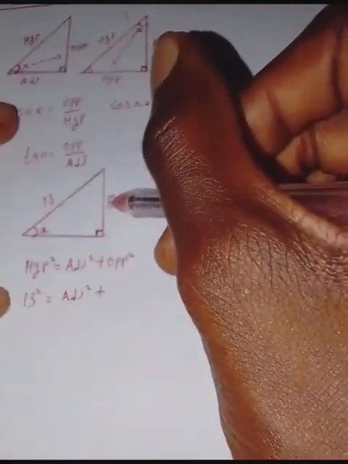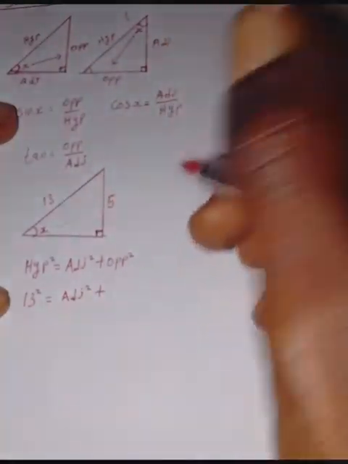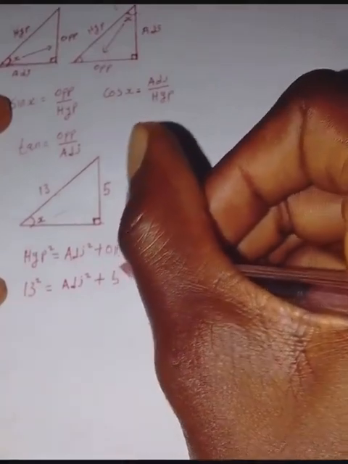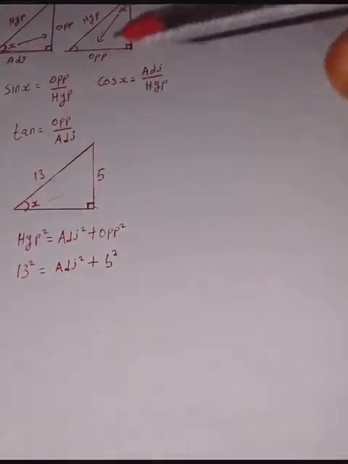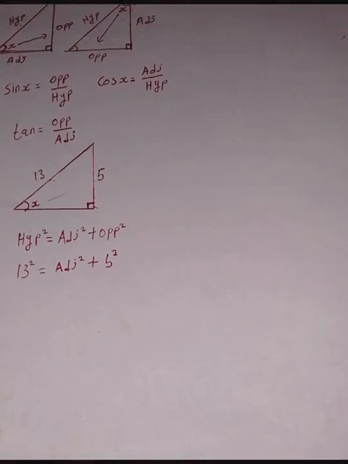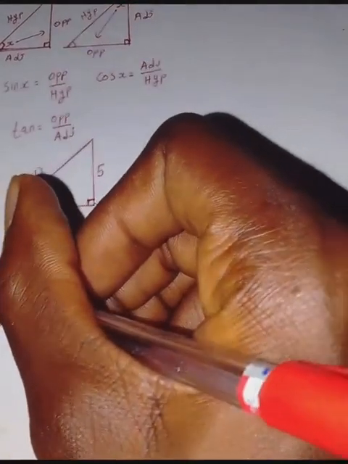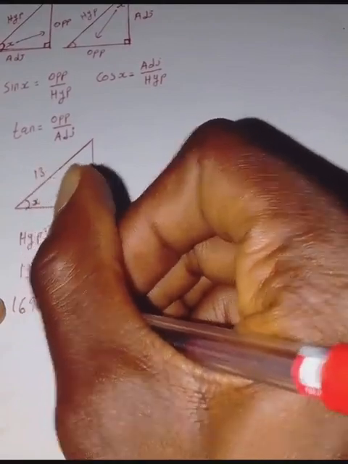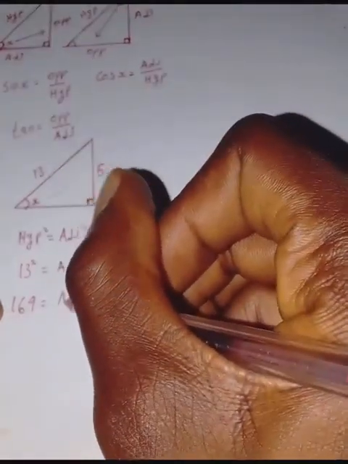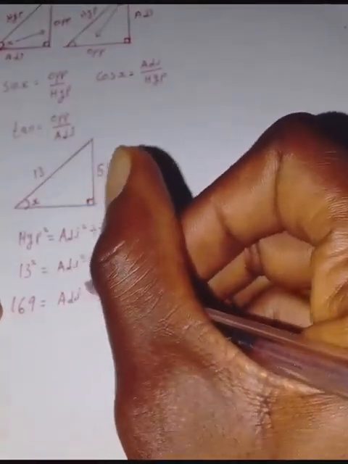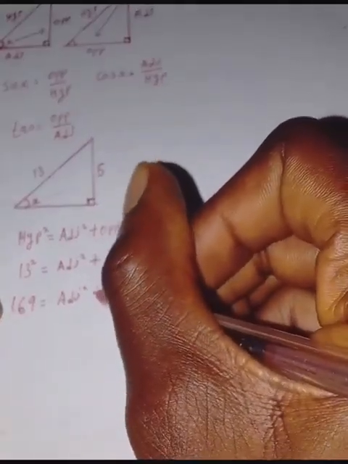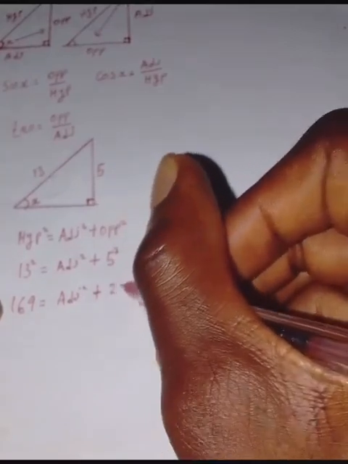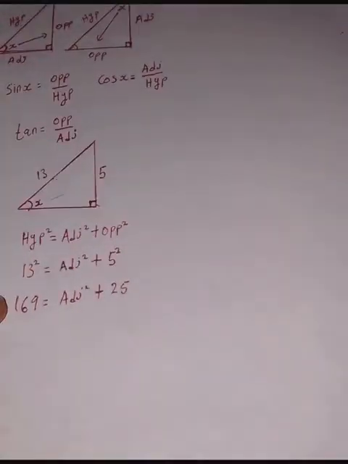Opposite is the side facing the angle, which is 5 squared. The squared here means 13 times 13, which will give us 169. So 169 equals adjacent squared plus 5 times 5, and 5 times 5 gives us 25.